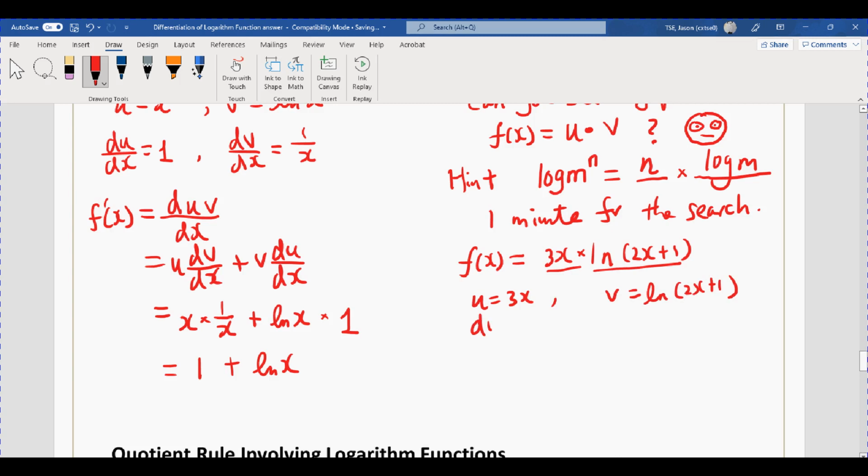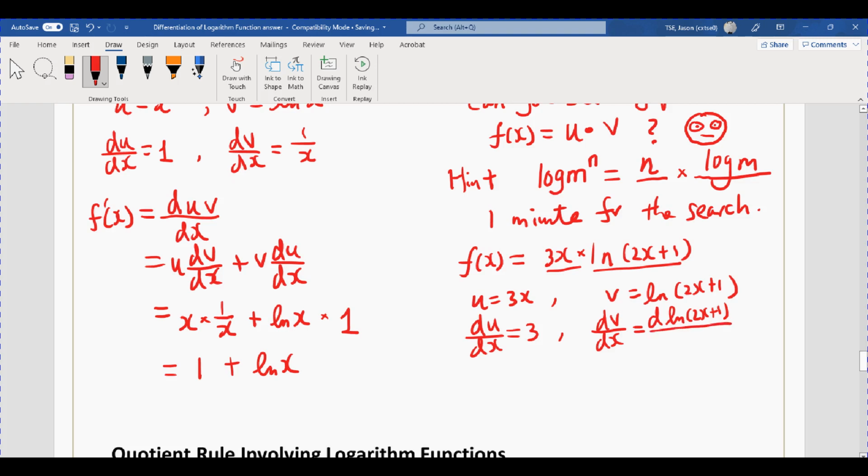Obviously, if you differentiate u, that's 3. And for the differentiation of v, when you differentiate that log(2x+1), you know you have to use the chain rule, right?